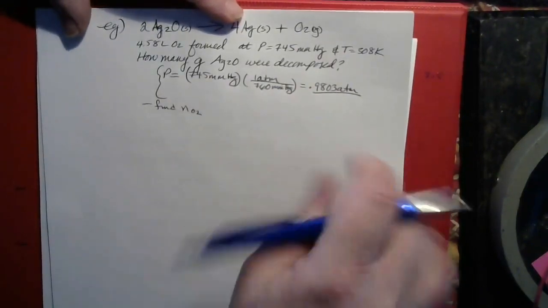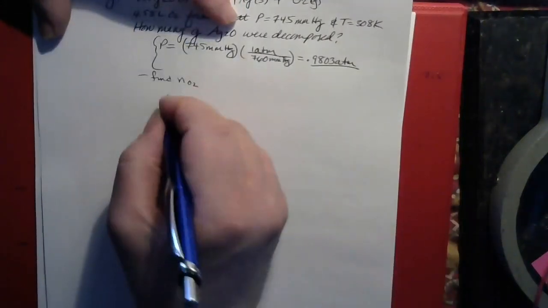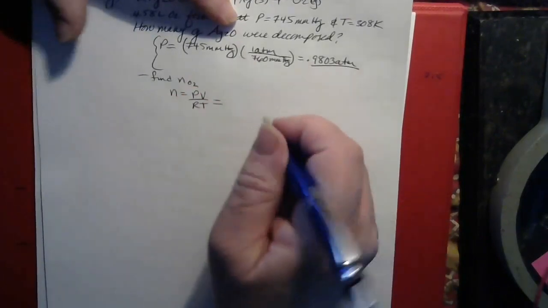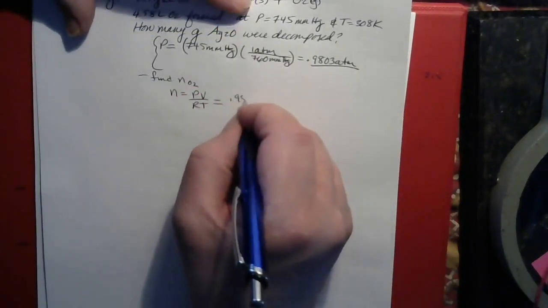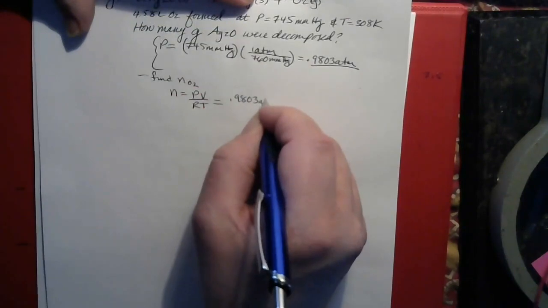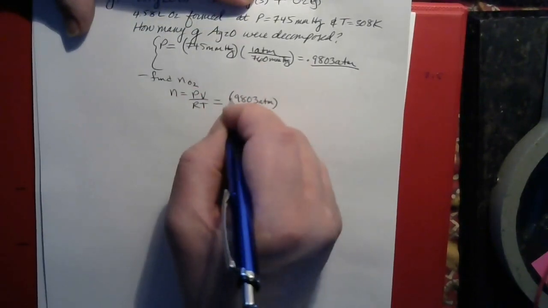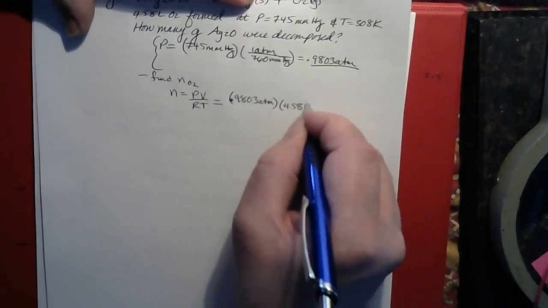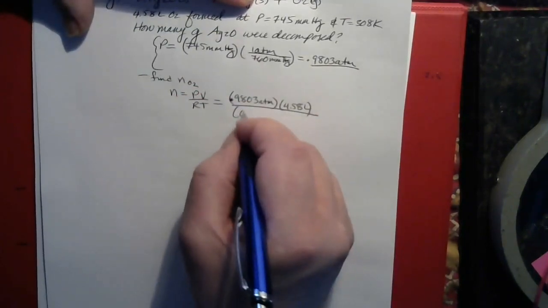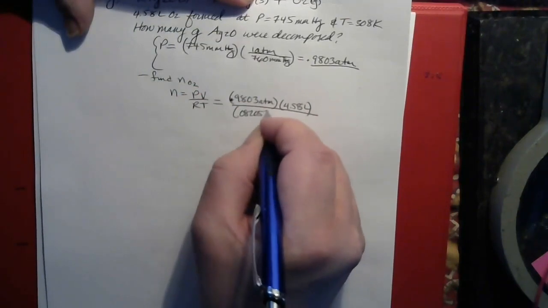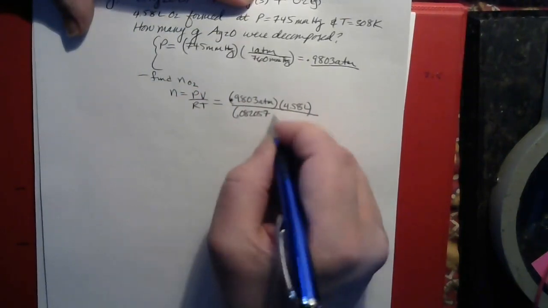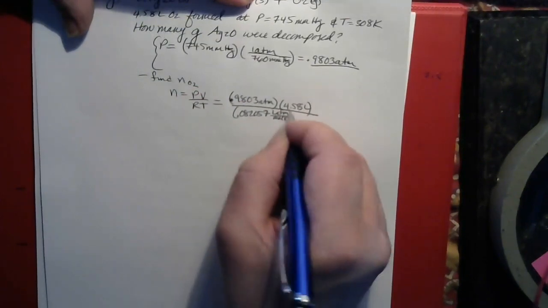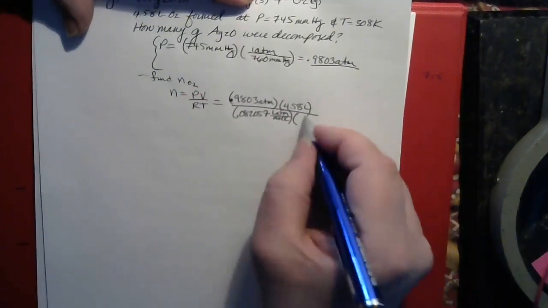So first thing to do would be find number of moles of O2. And that's PV over RT. So that's 0.9803 atmospheres times 4.58 liters over 0.082057 times 308.